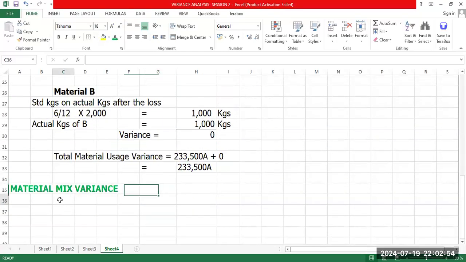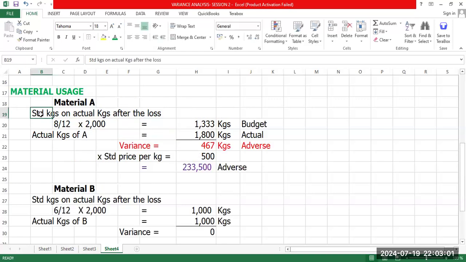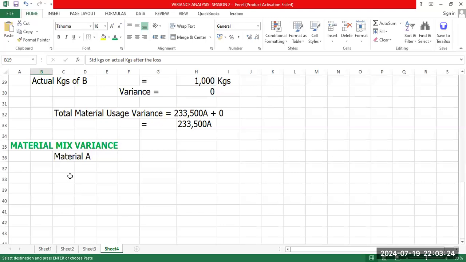So for material A, you will just get the standard kgs on actual kgs. Here you put the word before the loss. That is where the difference is.